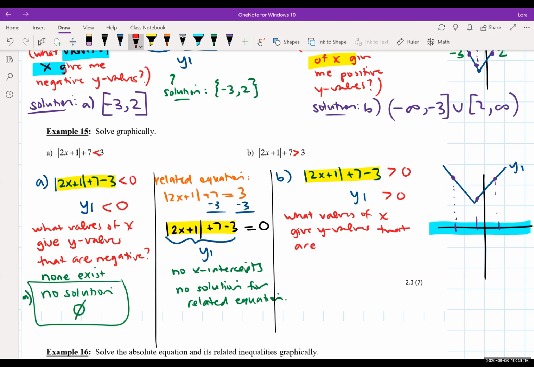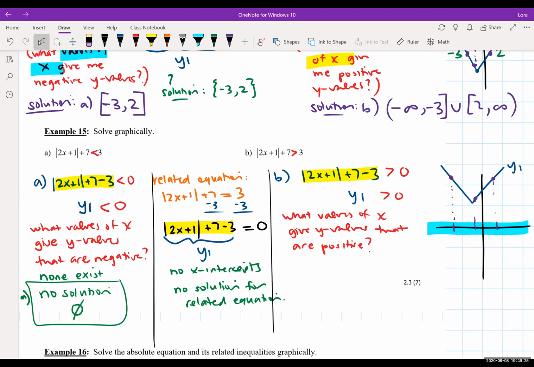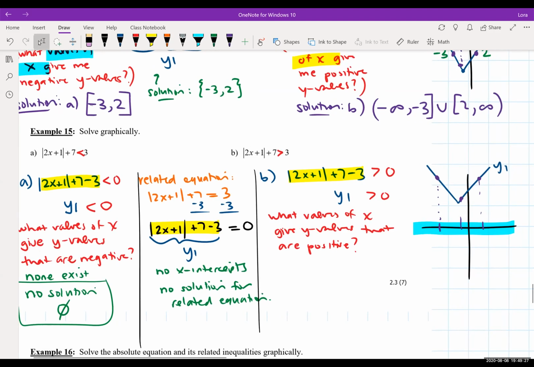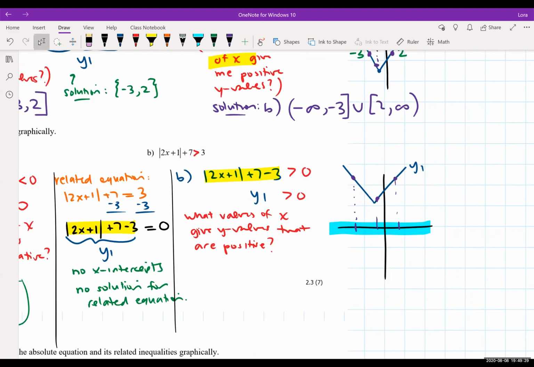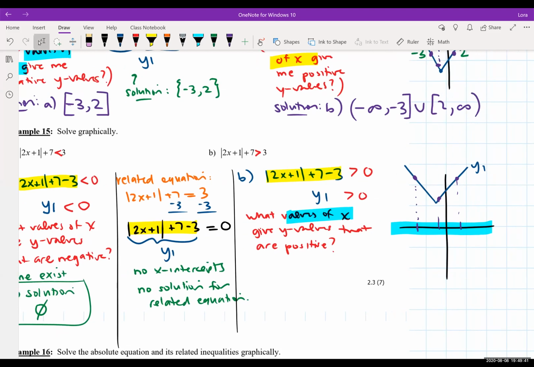Greater than 0 means positive. And with part A, we mentioned to ourselves that the y values are always going to be positive. So technically, every single value on the x-axis that we've highlighted in teal is going to give us a positive y value.